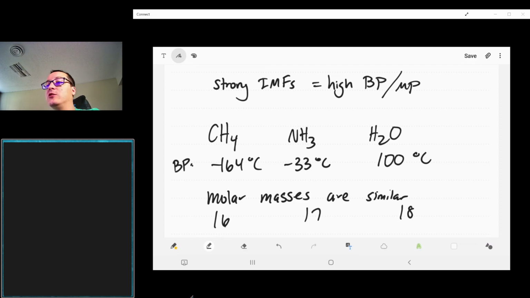If we look at hydrogen fluoride, or hydrofluoric acid, let's go ahead and look at its boiling point. Interestingly enough, HF boils at 18 degrees Celsius. Interesting stuff here, yes? I mean, methane, we know, has really just the London forces, that's it.